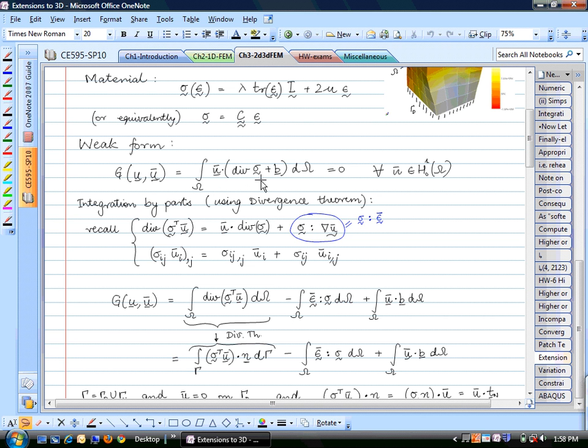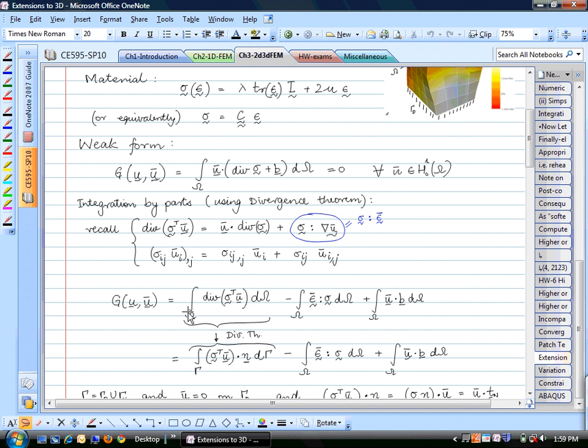So if you substitute for this part, you will have this thing right here and minus this thing right here. Okay. So this is the same thing that we derived for the 2-dimensional problem, and pretty much the exact same derivation we are following here. We just have to keep in mind that each of these quantities is 3 cross 1.